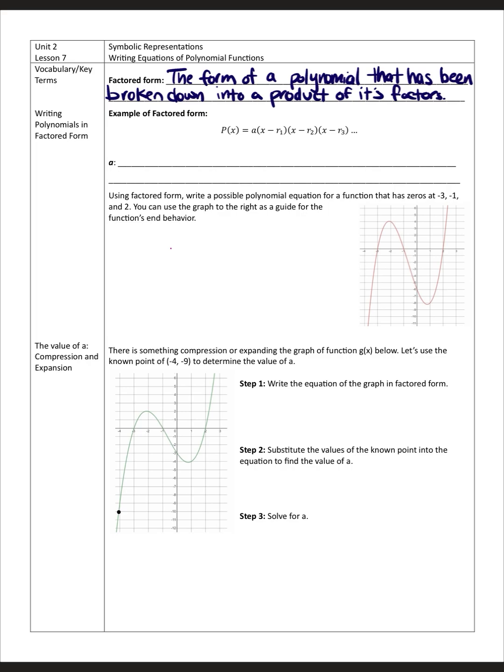So P of x is equal to A times x minus R1, R1 being your first root, x minus R2, R2 being your second root, x minus R3, your third root, and so forth, depending on the degree of the polynomial. What's new is that A in the front. And what that A is, it's basically just the leading coefficient.